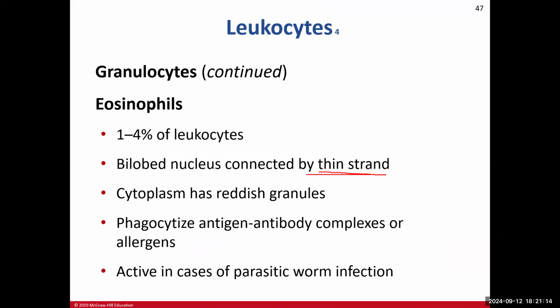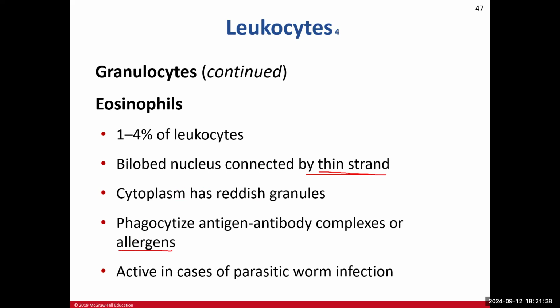All right. So these guys, their job is to go around and kind of clean up messes. So if you see an elevated eosinophil count, couple things, but most commonly you want to think some sort of allergen type of response. See it all the time in folks that are asthmatic, right?